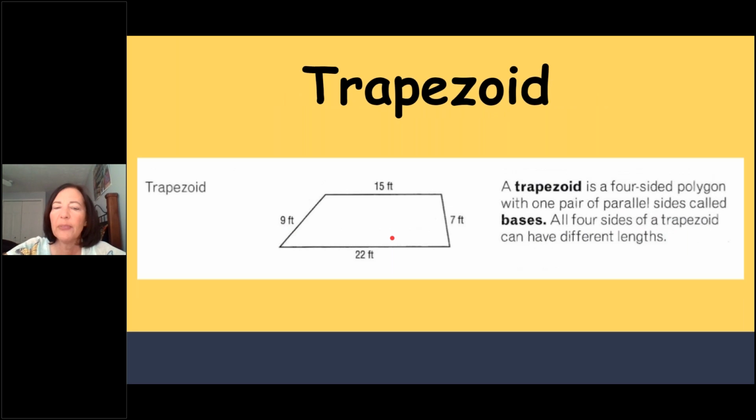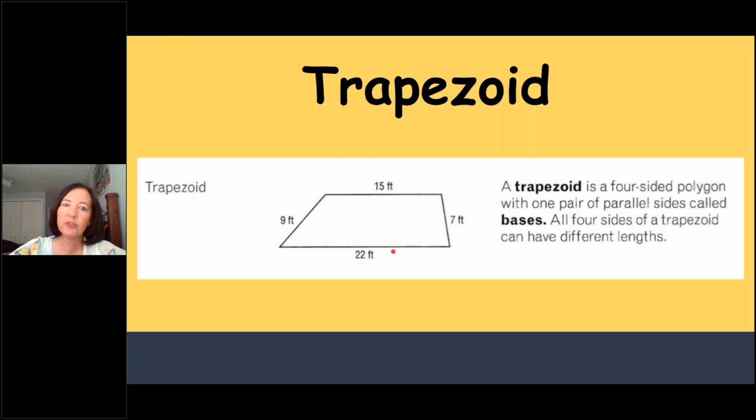Let's talk about a trapezoid. A trapezoid is similar and yet it's different. A trapezoid also has four sides, but this time it has exactly one pair of parallel sides. And those parallel sides become the base.